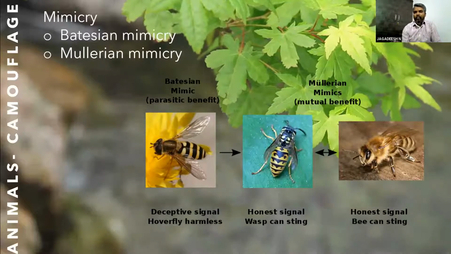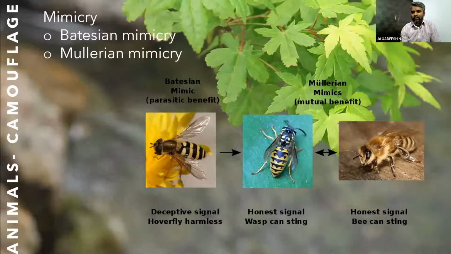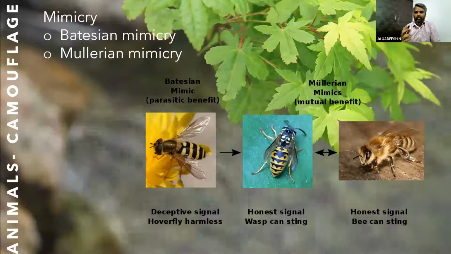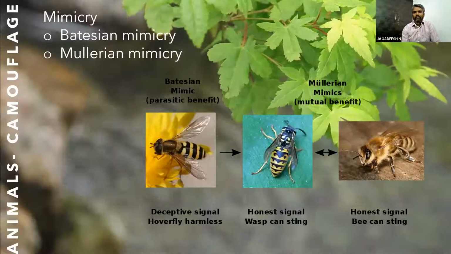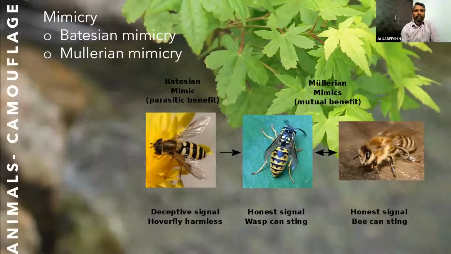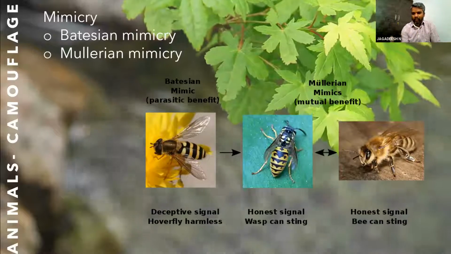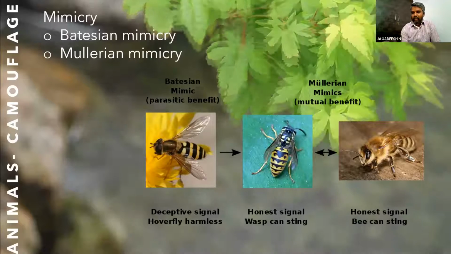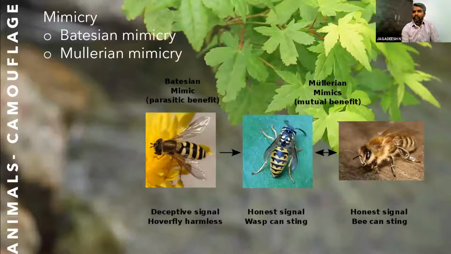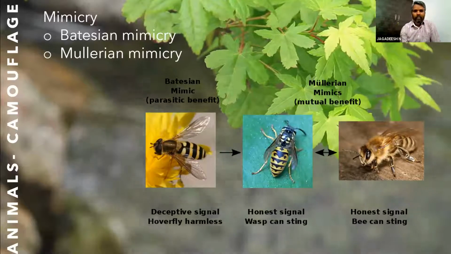So camouflaging is done in different ways. One of the ways by which camouflaging is done is by mimicking an object or a species of animal or plants or leaves.